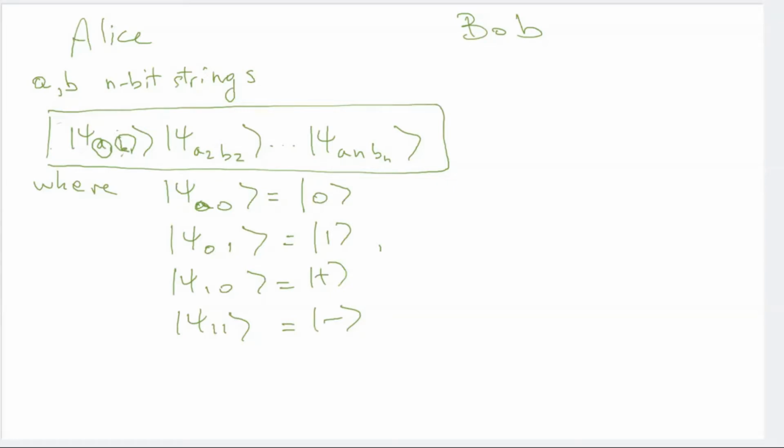The notation I used before was a bit 0 or 1 with a subscript H if it was encoded in the Hadamard basis.